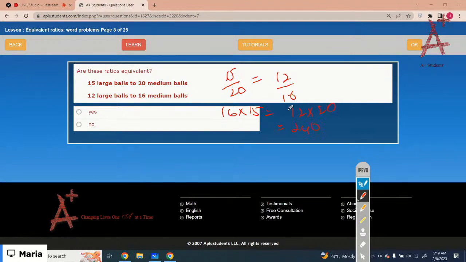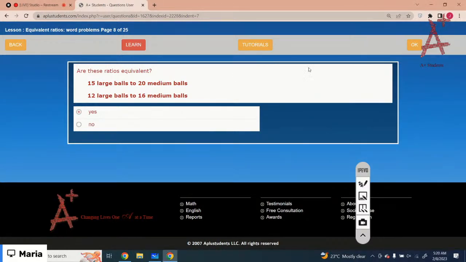It would be 240, and let me just check on calculator. 15 times 16 is also 240. Got it? So both sides are equal. So the correct option is yes. Got it? They are equivalent. The correct option is yes.